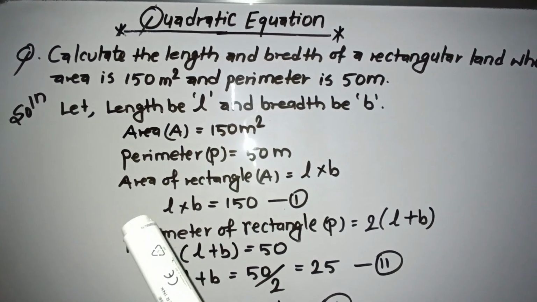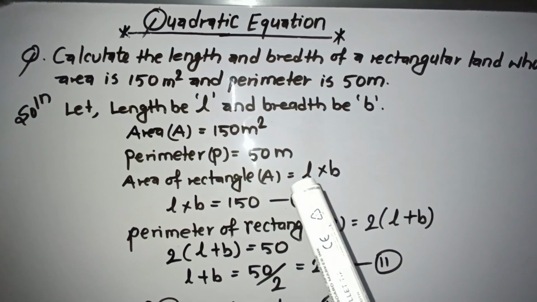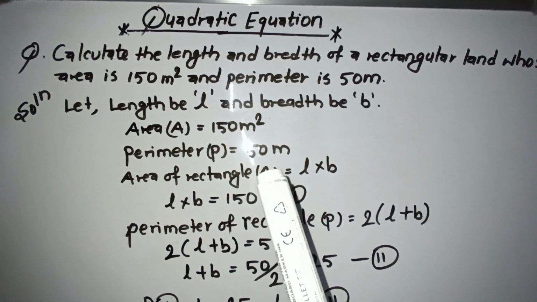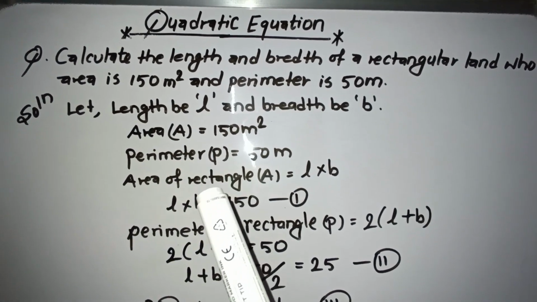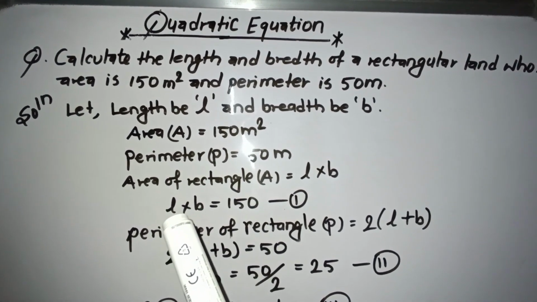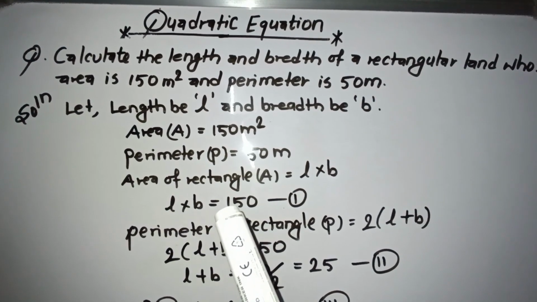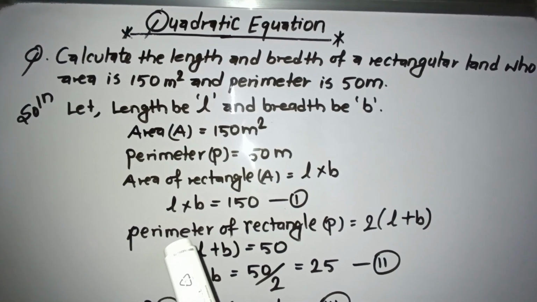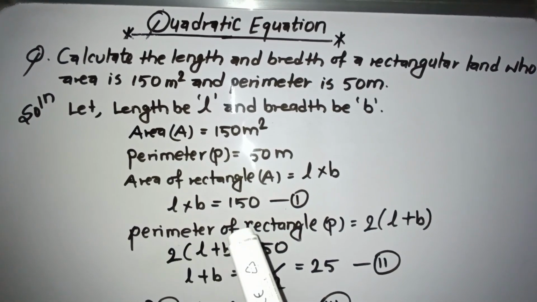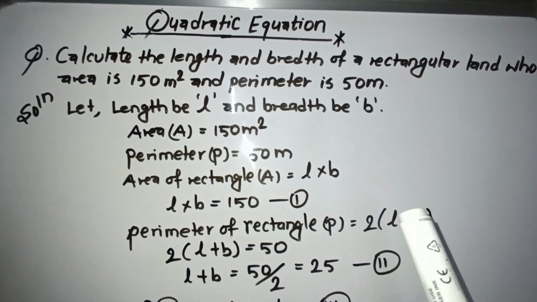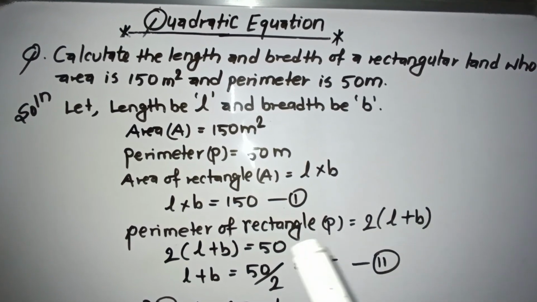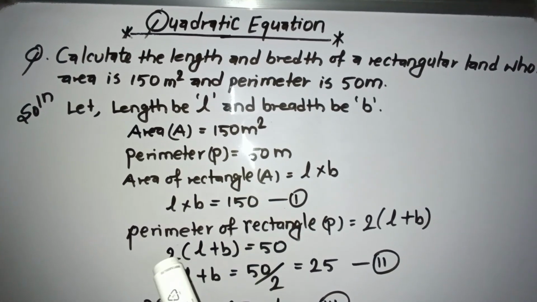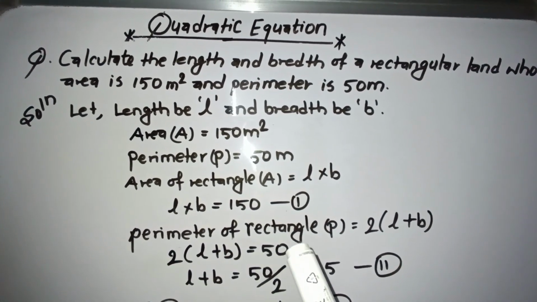And we have the formula, area of rectangle A equals L into B, and we substitute the value of area in this equation, that is L into B equals 150, equation first. And we have another formula, perimeter of rectangle P equals 2 bracket L plus B, and we put the value of perimeter in this equation, that is 2 times L plus B equals 50.